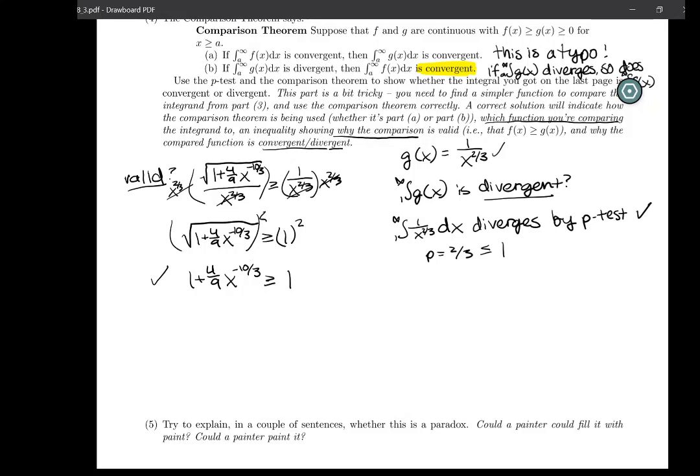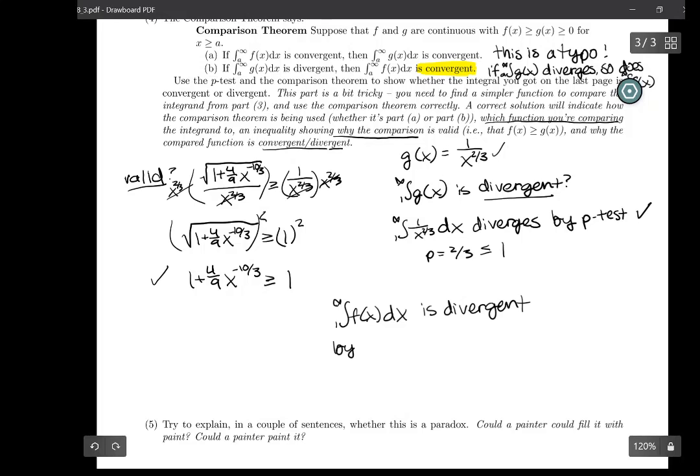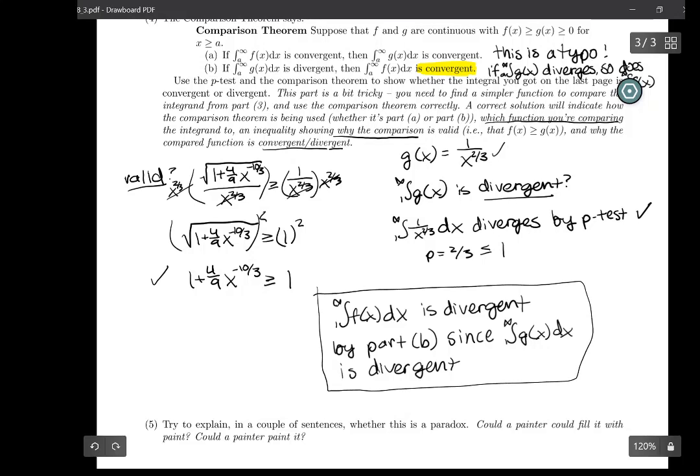So we're going to say that the integral from 1 to infinity of f of x dx is divergent by part B, since the integral from 1 to infinity of g of x dx is divergent, as our answer to this.